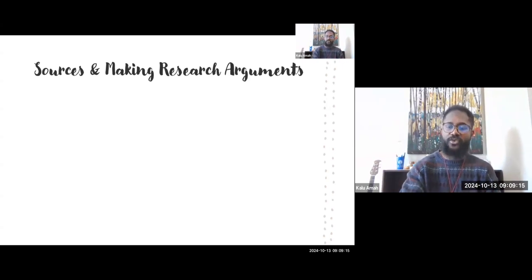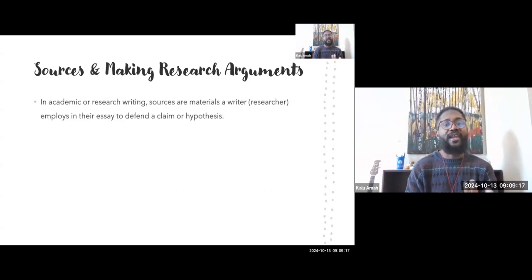So, sources and making research arguments. In academic or research writing, sources are materials a writer, which we can say a researcher, employs in their essays to defend a claim or hypothesis. Like I mentioned last week, sources can be materials.